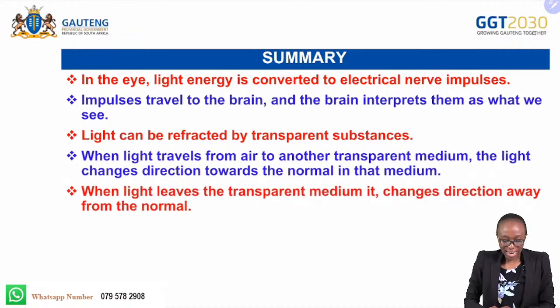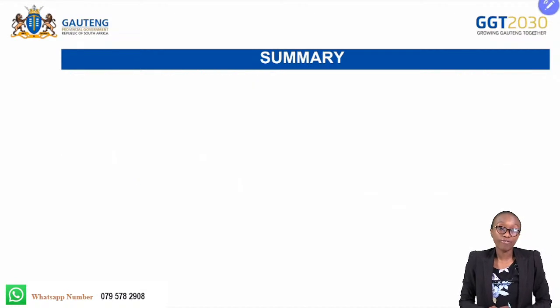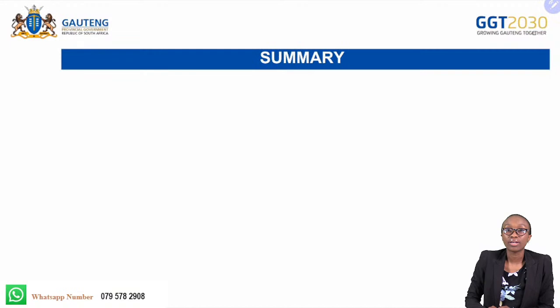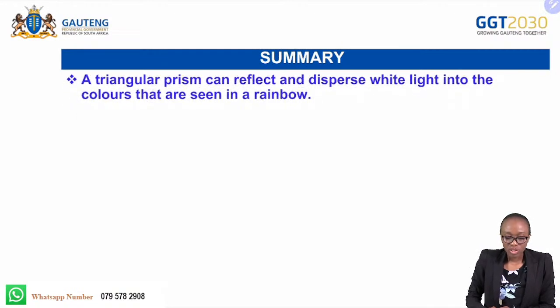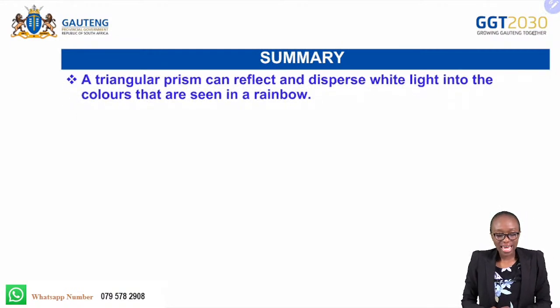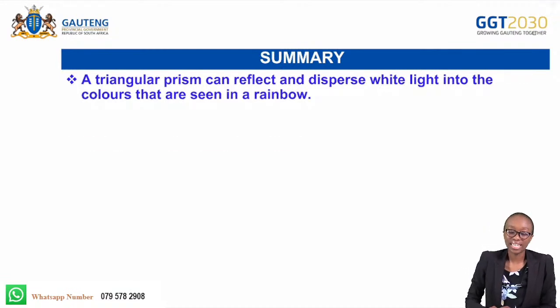And when light leaves the transparent medium, it changes direction away from the normal. Okay. So what else? A triangular prism can disperse white light into the colors we see in the rainbow. So it can disperse them into the 7 colors we see in the rainbow.